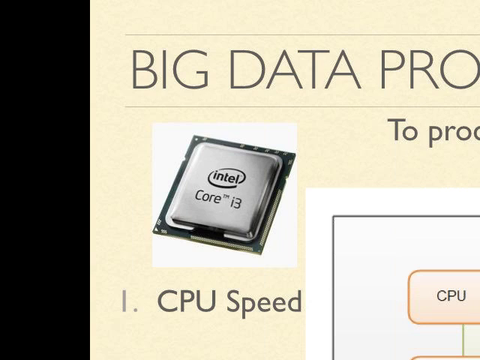Or the data bus which connects the CPU to the RAM, if that is slow, then even though your CPU might be very fast, you cannot do much, right? The third thing is disk. If you have a huge disk on the same machine, you can store huge data. But if your disk is not sufficient, you might have to move the data to the network, and then the network becomes one of the pieces of the puzzle which would matter to you.